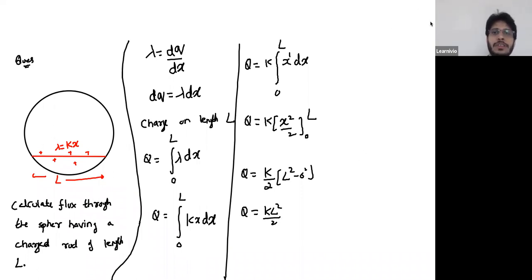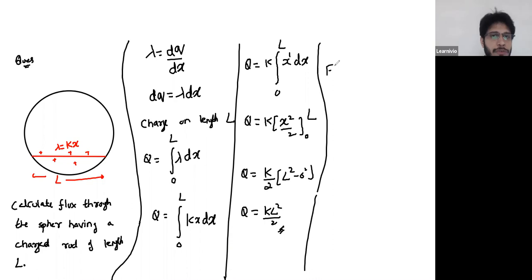Once you have this total charge, is it clear up to this point? This charge enclosed, is it clear? Afroza? Okay. Once you have the charge enclosed, Giovanna, how would you calculate the flux through the sphere?